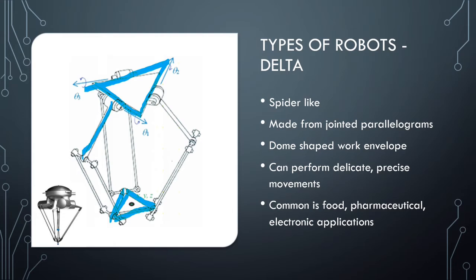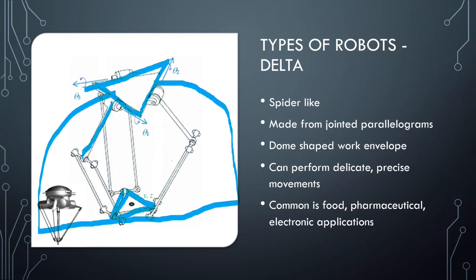The way that this is connected gives the robot essentially a dome-shaped work envelope, if you can imagine that. Because everything is controlled so precisely, this little end spot here is controlled by 3 different arms, so it can be very precisely moved.